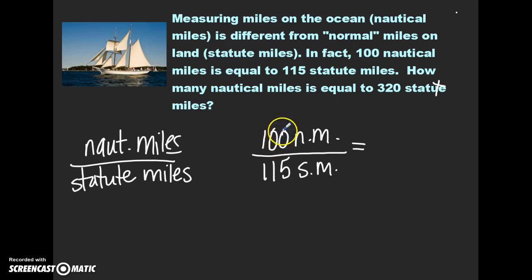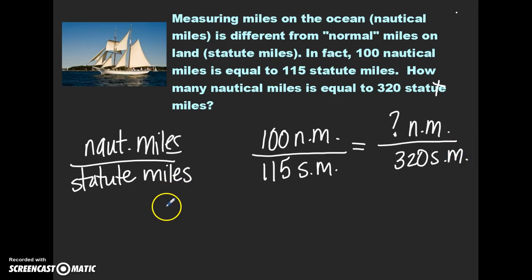Okay, so if you remember on the road trip, that was part of your proportion, 1 over 300, because that was your scale. Now my second scenario that I'm trying to figure out here is, okay, now how many nautical miles is equal to 320 statute miles? Okay, so my proportion, 100 over 115 equals x over 320.